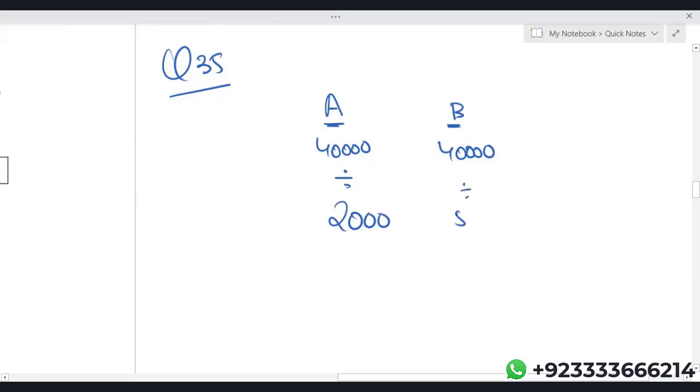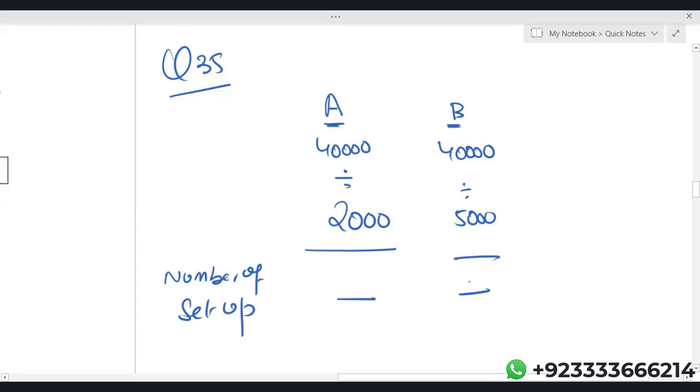B, it is 5,000. This will give us number of setups. Actually, after each production run, you have to bear the setup cost. So 20 and 8. So the total is 28.